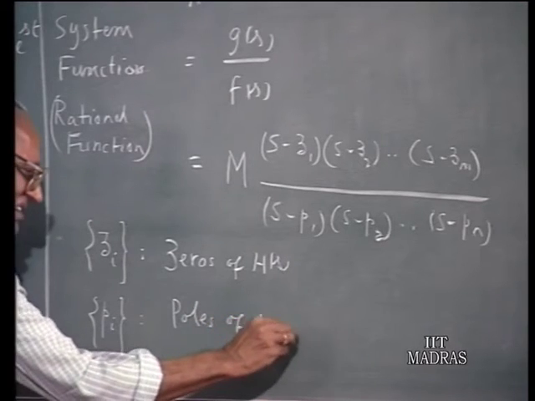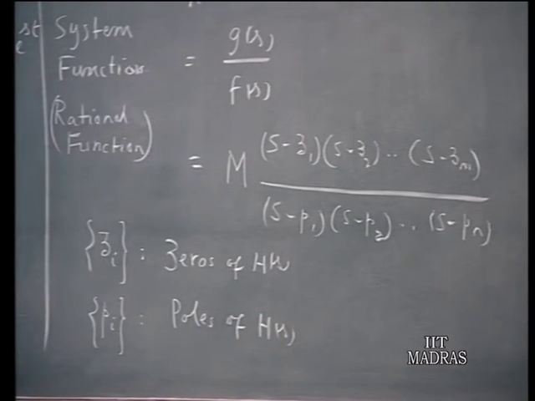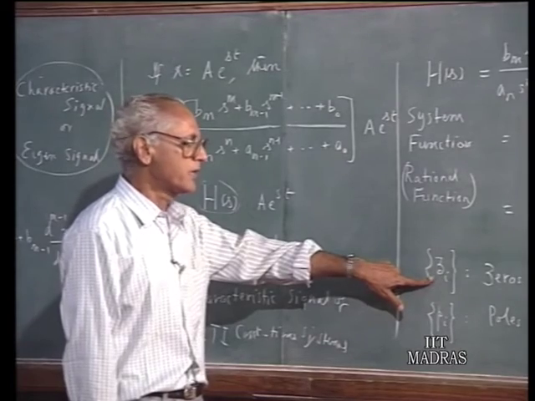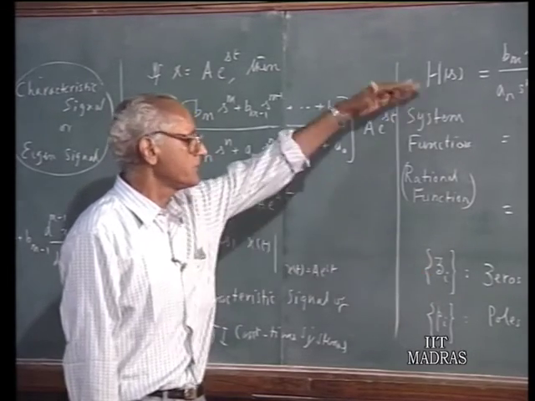These are terms which some of you may be familiar with from your study of complex variable theory. So, at values of s which correspond to a pole, H of s becomes infinitely large, it blows up. That means the denominator is made equal to 0. On the other hand, if s equals z_i, for any i equals 1 to m, then the system function becomes 0.